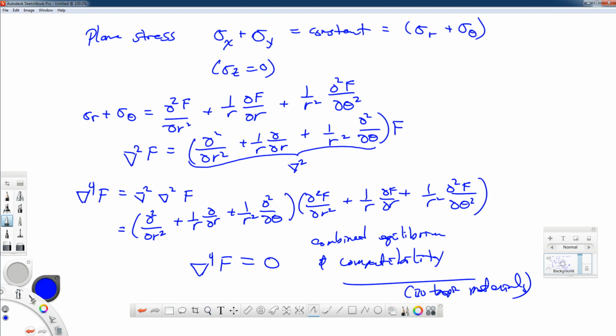Alright, let's leave this as a bite-sized chunk, and then we'll take a look at strains and strain displacements next.